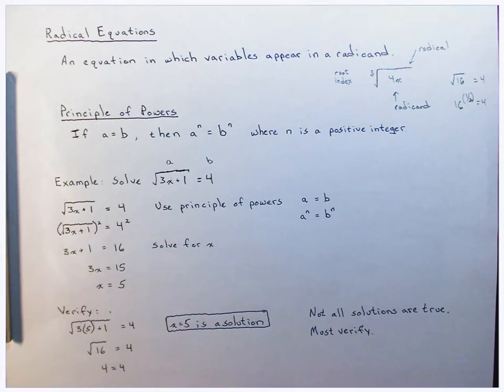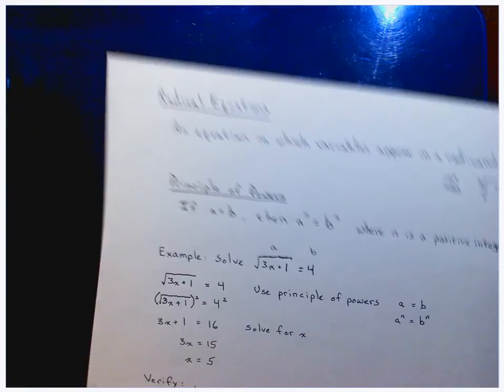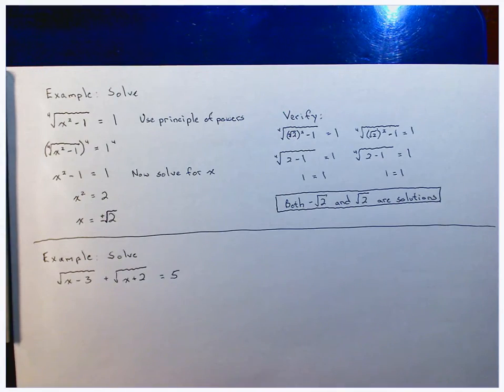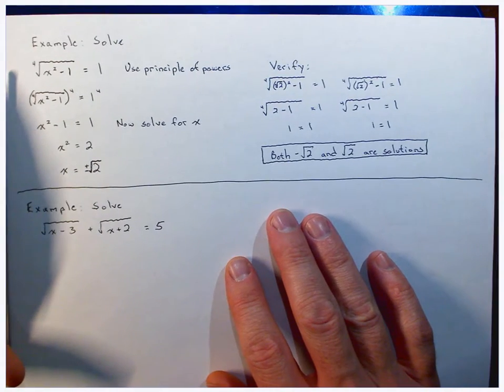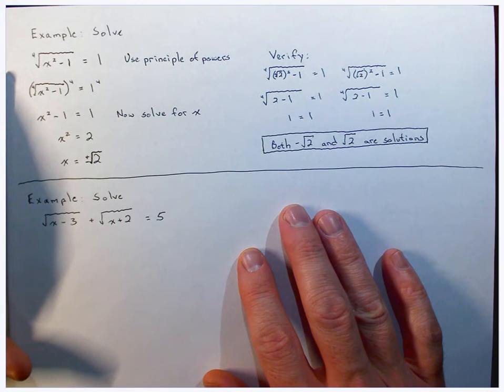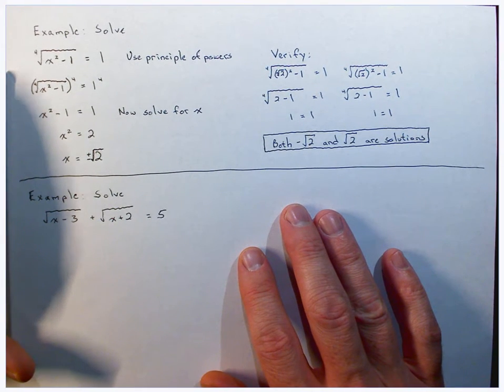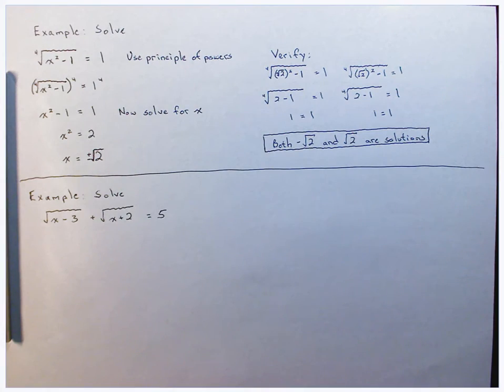So let's look at another example for you guys. Here's another example. You have square roots and cube roots, and after that there's not a particular name for it, so this is just the fourth root.